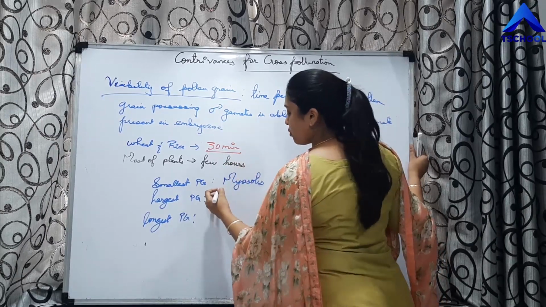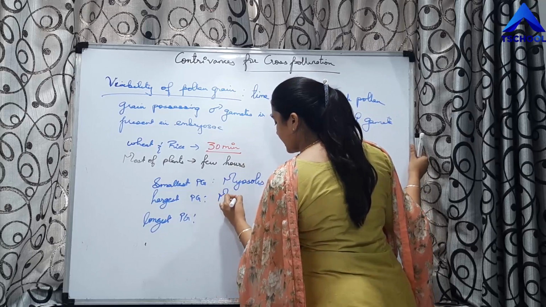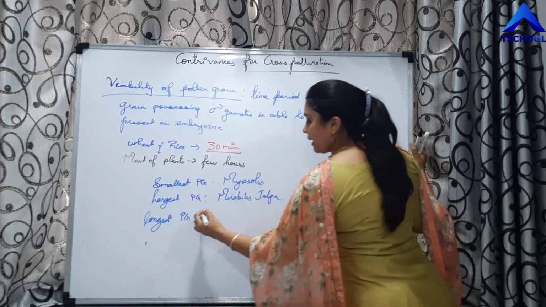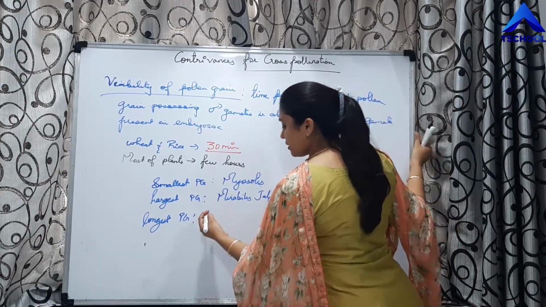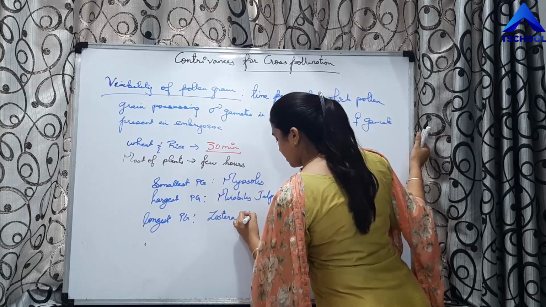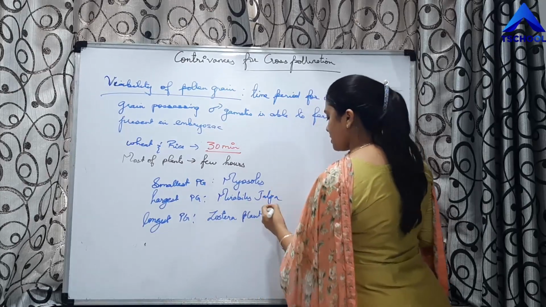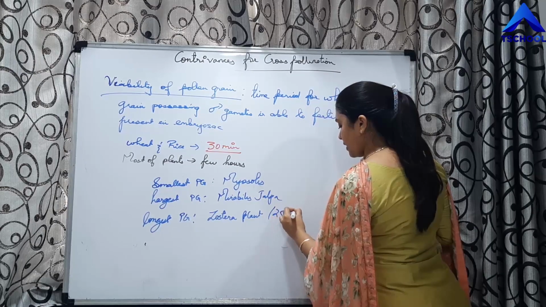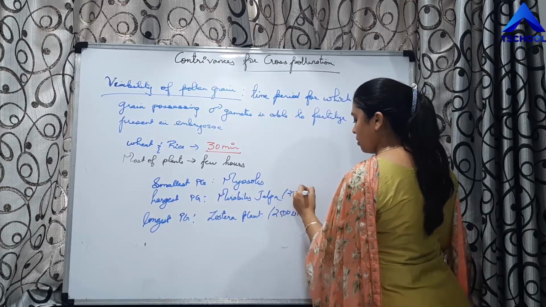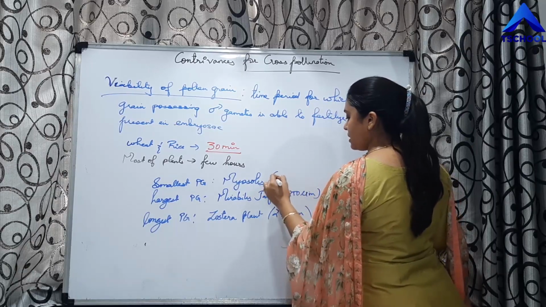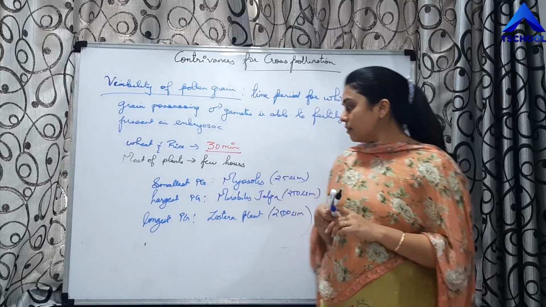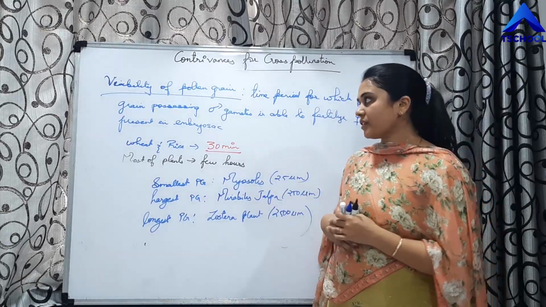The largest pollen grain is of the plant Mirabilis jalapa, and the longest pollen grain is of the Zostera plant. Right? This is around 2500 micrometers in length, this is around 250 micrometers, and this is around 25 micrometers. So it is the smallest pollen grain, right?